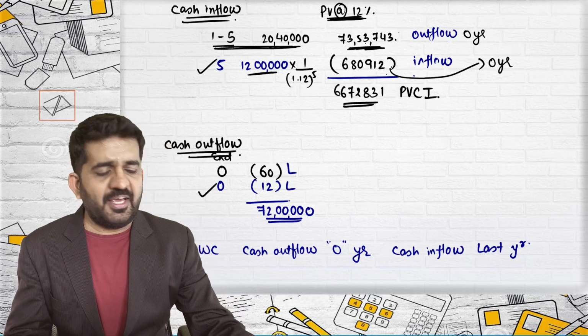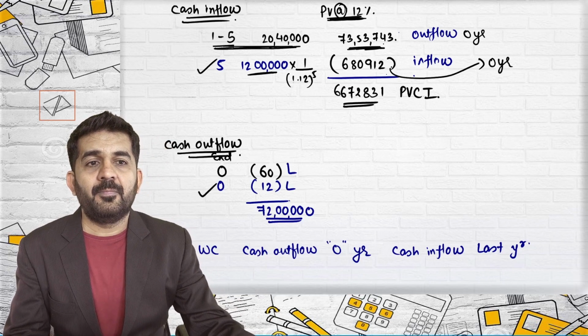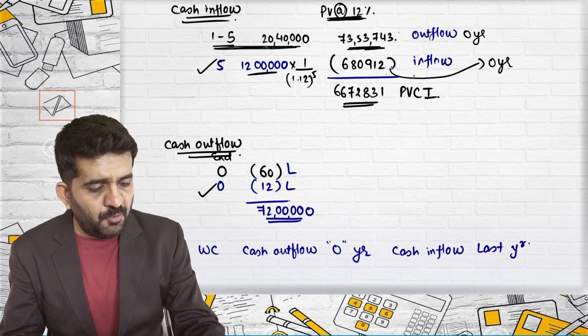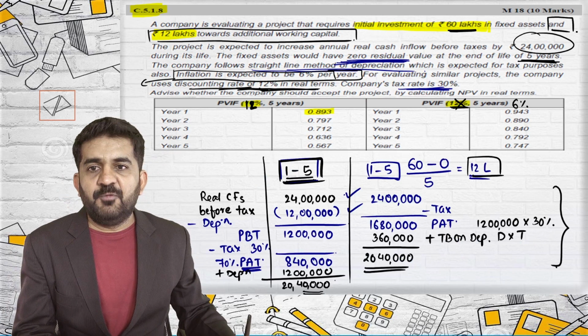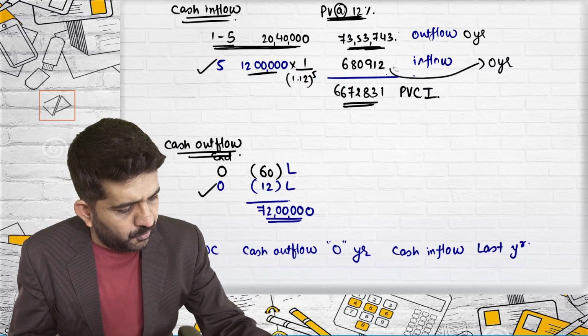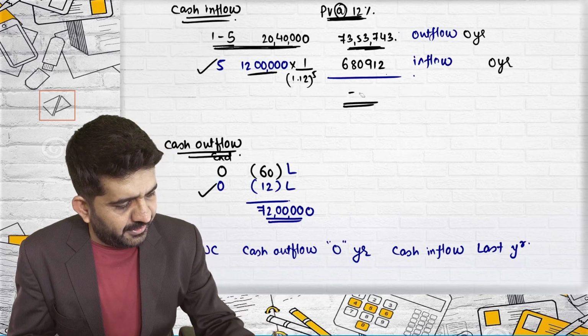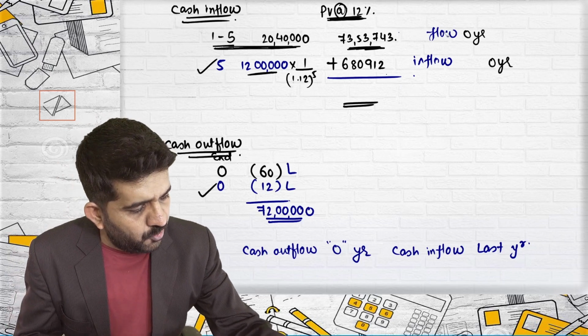This 73,53,743 is inflow or outflow? 20,40,000 is cash inflow or outflow? Inflow. So present value will be cash inflow. This is also cash inflow. So I should add it, not subtract it. It will be added. This is not outflow.